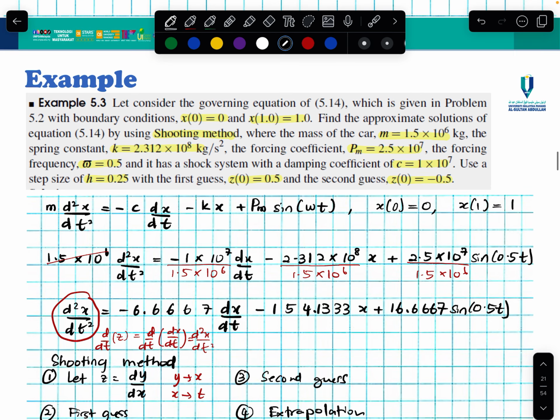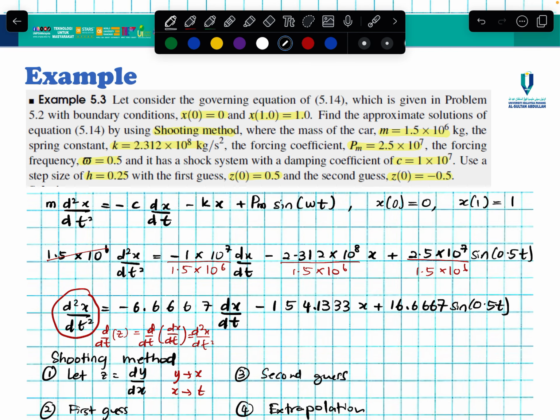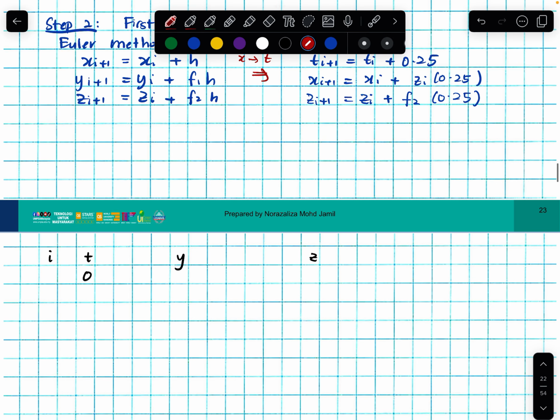From the problem here, this is the start value of t, and this is the end value, 0 to 1, with the step size of 0.25. So after you add 0.25 each time, you will get this array, and I start from 0, 1, 2, 3, 4. So you have 4 iterations.